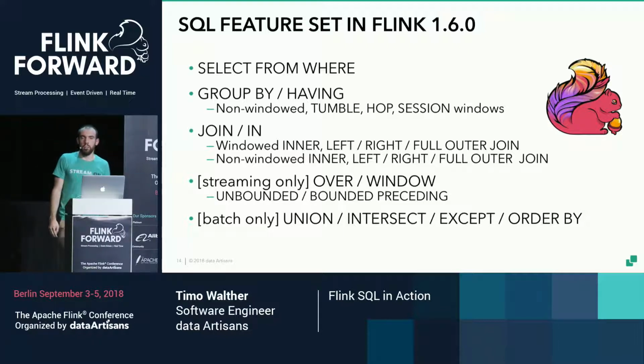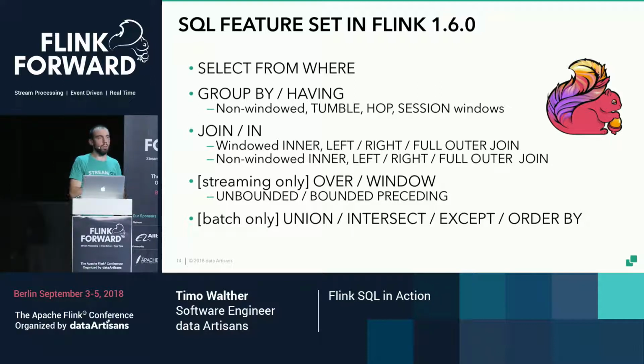Group by can be used both in a regular standard SQL way, like non-windowed, but this might have effects on your state size. If you want to do processing in a little bit more streaming fashion, we offer tumble, hop, and session windows. These tumble, hop, and session windows are also implemented in Apache Calcite, and I think they are also implemented in Apache Beam, so they are also kind of an industry standard already.